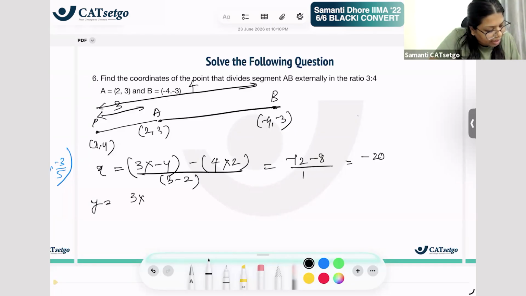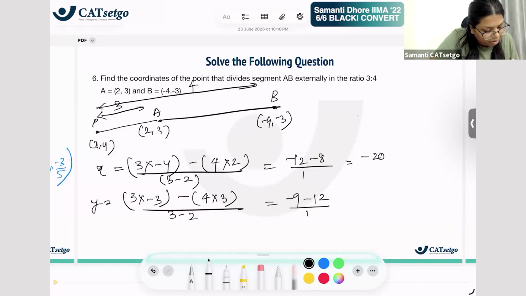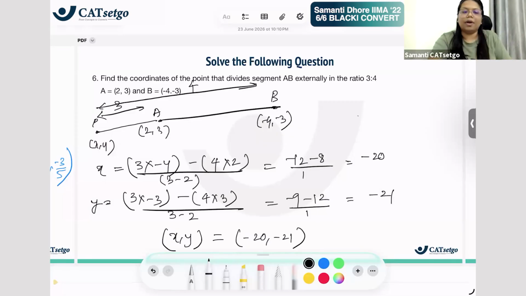Y is 3 into minus 3 minus 4 into 3 divided by 3 minus 2, which is 9 minus 12 by 1, which is minus 21. So what is x, y? The coordinates of point P is equal to minus 20 by minus 21. So this is the point which is dividing A, B in this ratio.